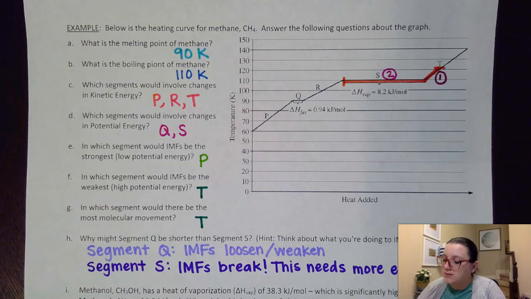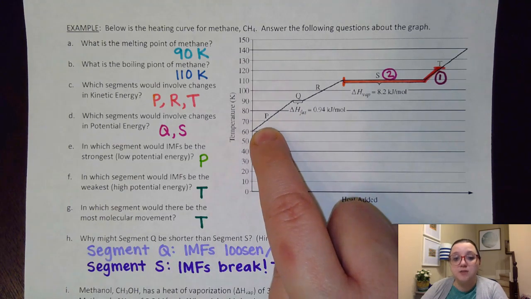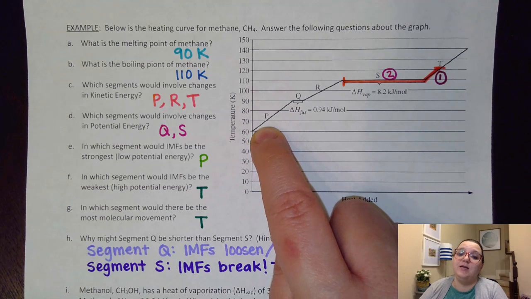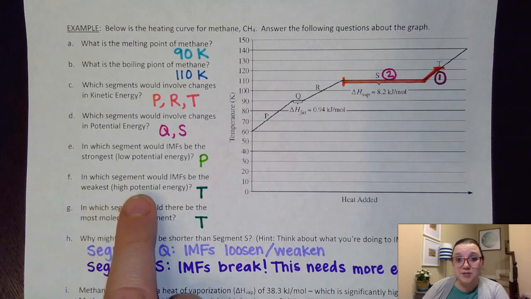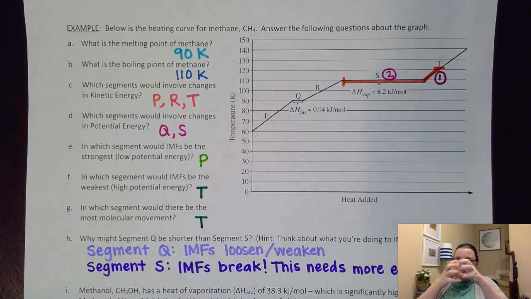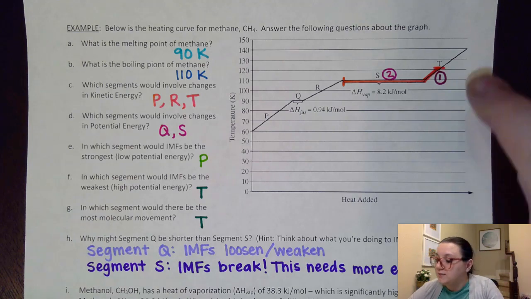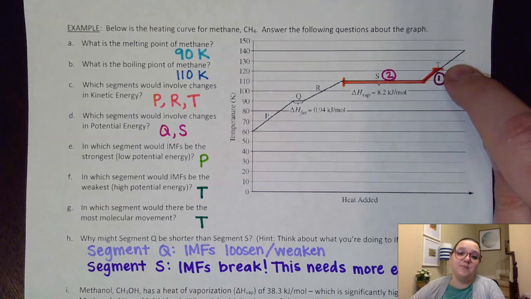Well, strongest IMFs would be back here as a solid, and so that would be back here in section P. In the segment that IMFs would be the weakest, meaning a high potential energy, remember we have to have a high potential energy to hold those apart because they'd rather come together, that would be where those IMFs are the weakest as a gas, and so that would be segment T.